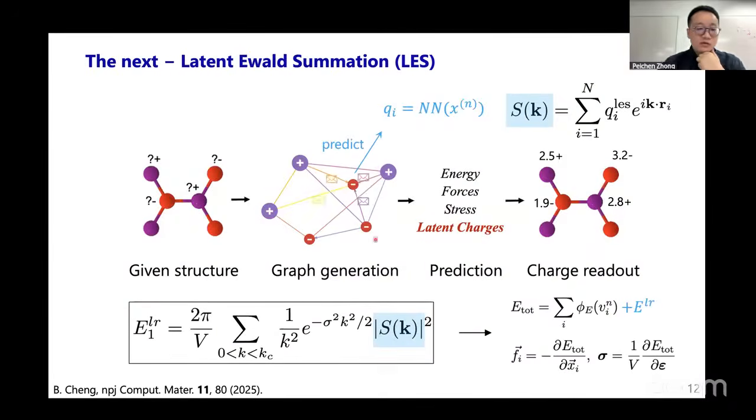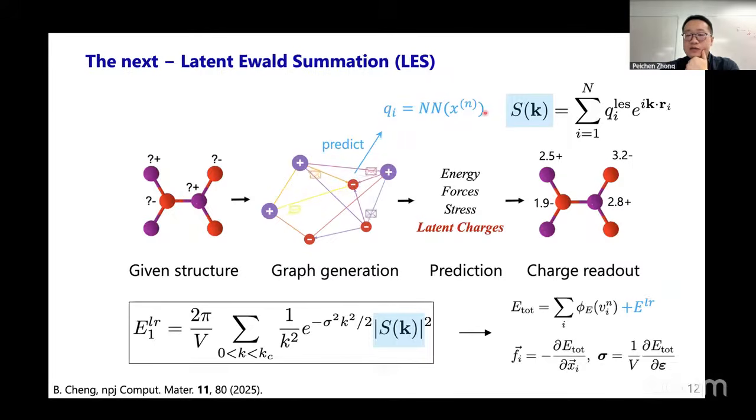When I did my postdoc with Professor Bingqing Cheng, she developed the latent Ewald summation. In latent Ewald summation, this is another way to deal with the node prediction. For example, after the graph generation and message passing, we not only predict the magnetic moments, but we can also predict the atomic charge. This atomic charge is a latent variable.